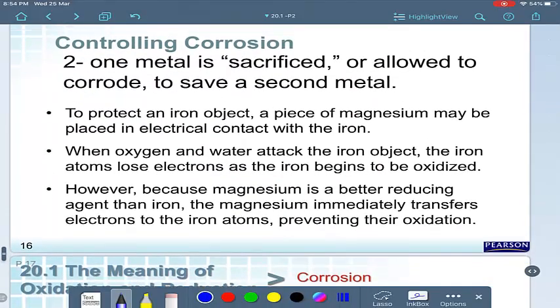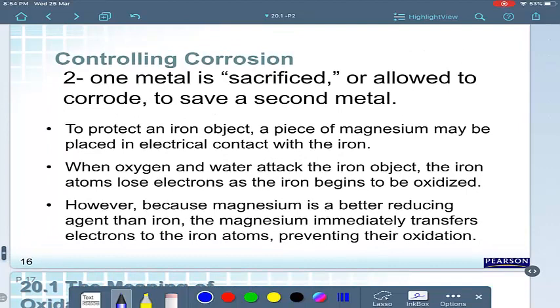The second method to control corrosion is sacrifice. What is sacrifice? One metal is called the sacrificial element. It is an element more active than the element I need to save, and it is allowed to corrode to save the second one from corrosion.